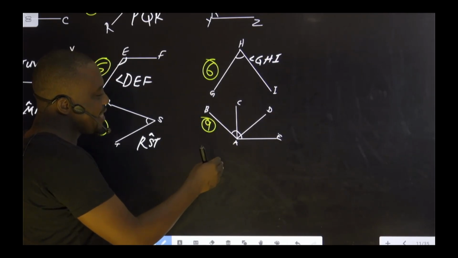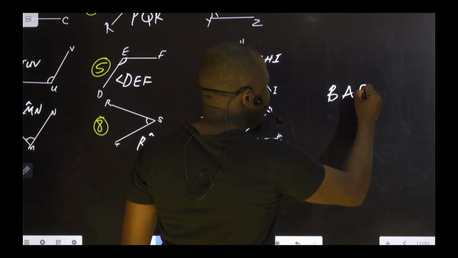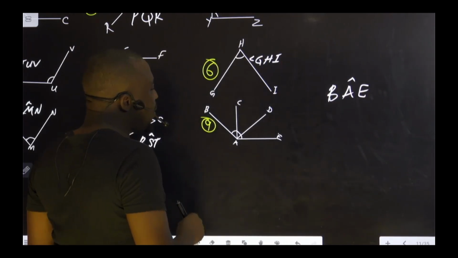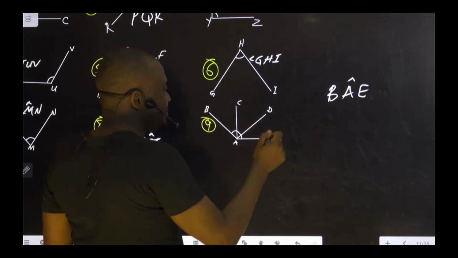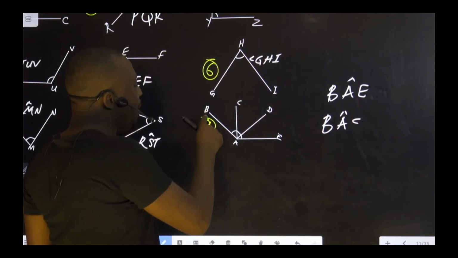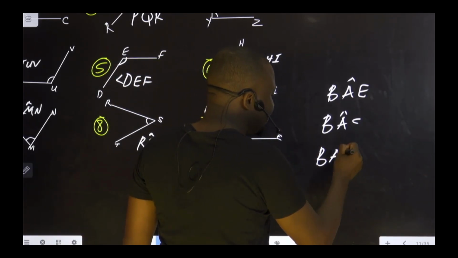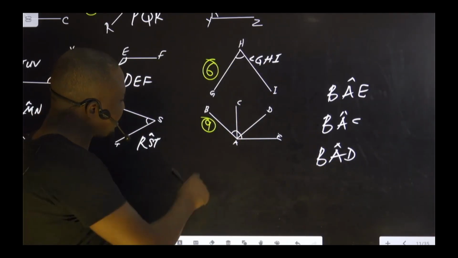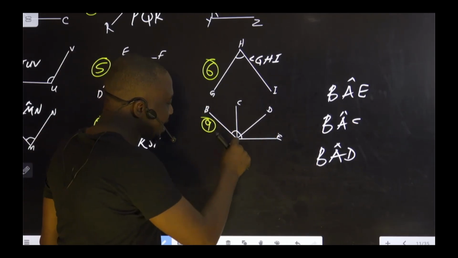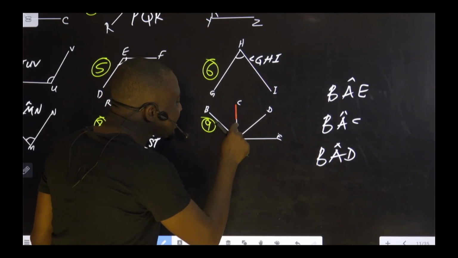The first one I can see is BAE. There is another one here, BAC. There's another one here, BAD. I haven't mentioned these ones now. That is the first one, the second one, then the third one. What about between this and this?